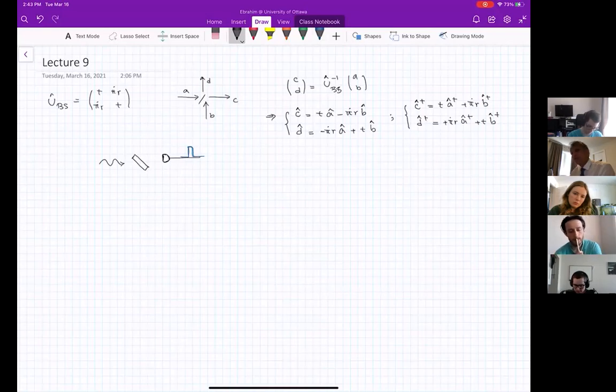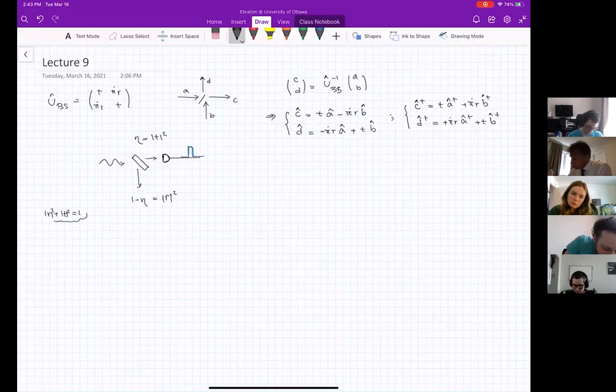So the probability of transmitting photons will be, let's say, eta, which is essentially given by t squared. I think we discussed that as well. The reflectivity, of course, will be 1 minus eta, which is r squared. Okay? Which we know, of course, means r squared plus t squared should be equal to 1, because we assume a lossless beam splitter. We assume that the action is unitary. Good.